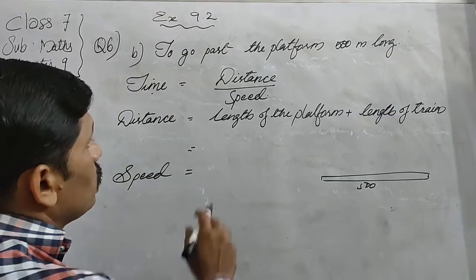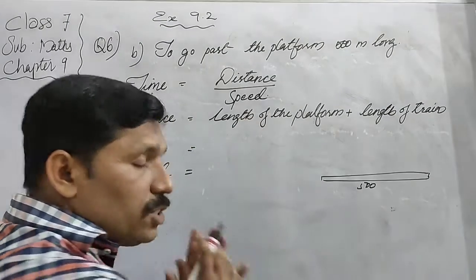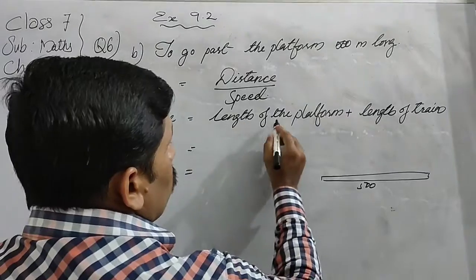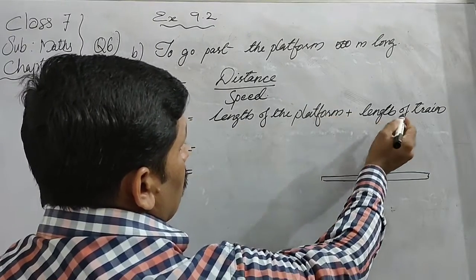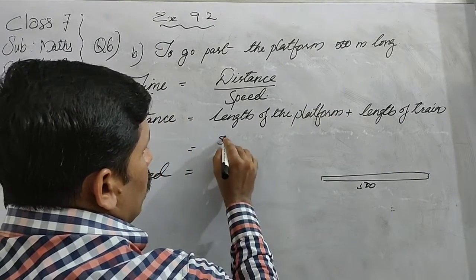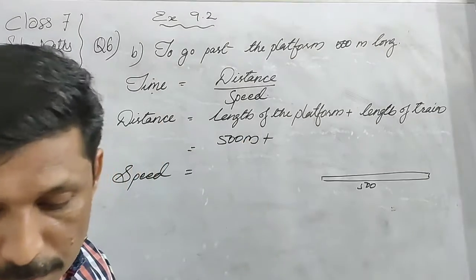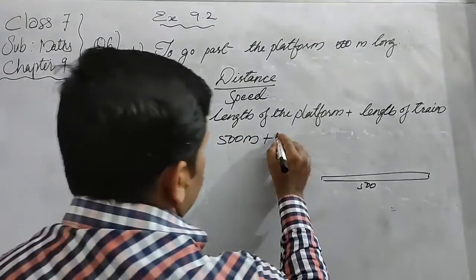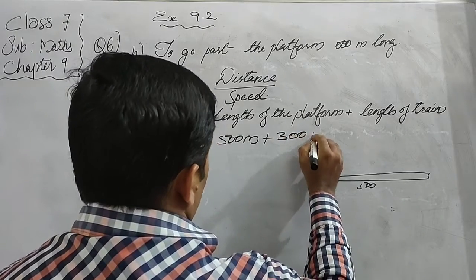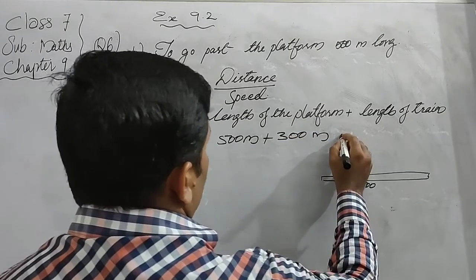So total distance to be traveled is equal to length of the platform plus length of the train. Length of the platform is 500 meters plus length of the train, that we have already discussed, that is 300 meters. So total how much?